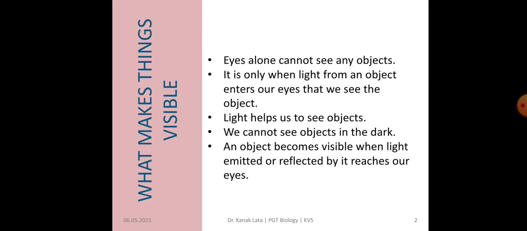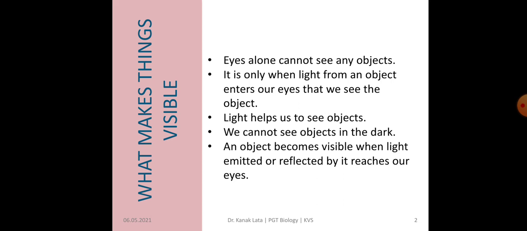Our first topic is about what makes things visible. It means how we are able to see various objects. You may say that eyes see the objects, but there is one question. Can you see anything in the dark?